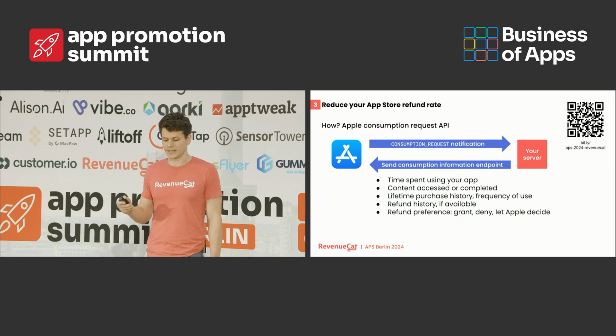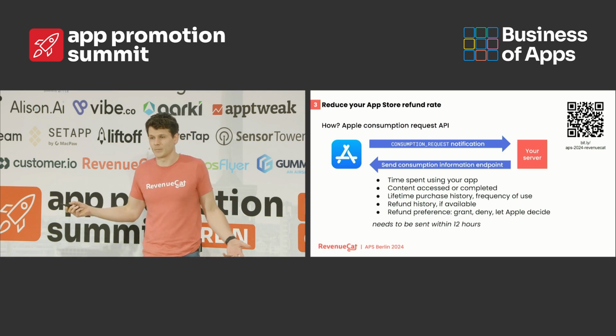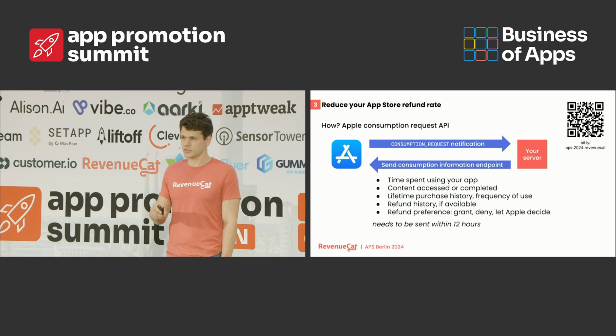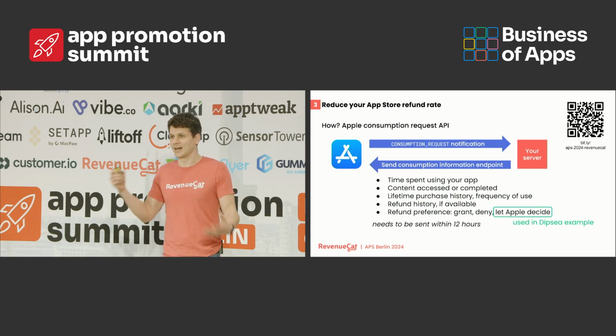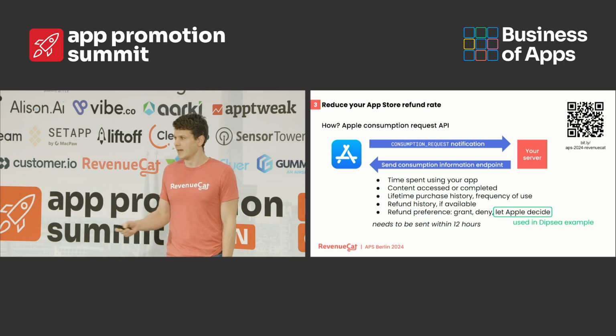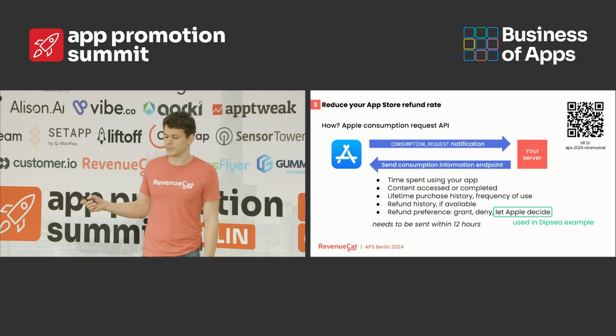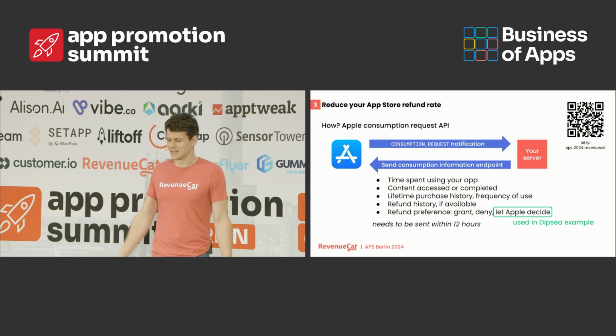You have to send this back within 12 hours because Apple obviously needs to make a decision there. The interesting bit about the Dipsy case study is we didn't even tell them to deny the refund. We just let Apple decide. Based on this better information that Apple had available, that saved the app literally thousands of dollars.